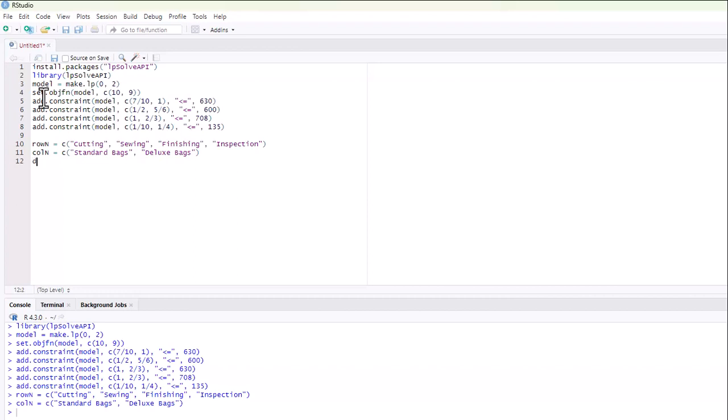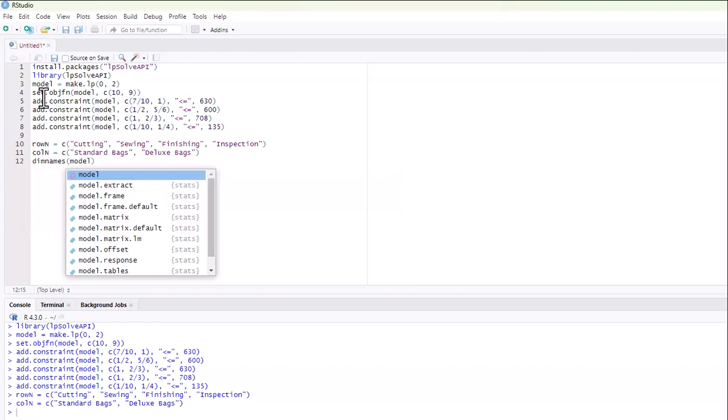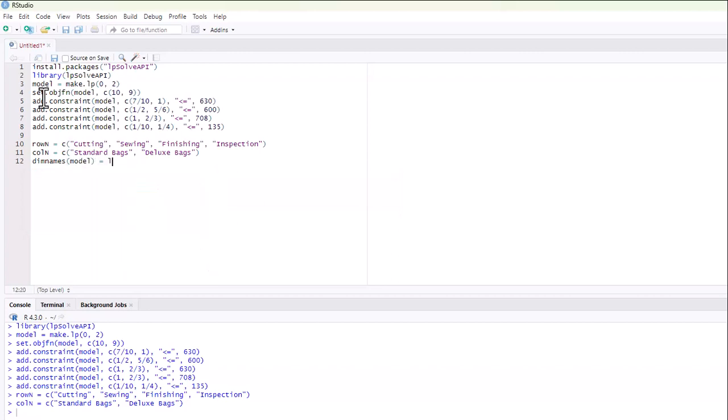Okay, and then we will set the dimensions of the model, list row and comma col. All right. Now this one is the LP control function to sense that it's a maximum problem, a maximization problem.